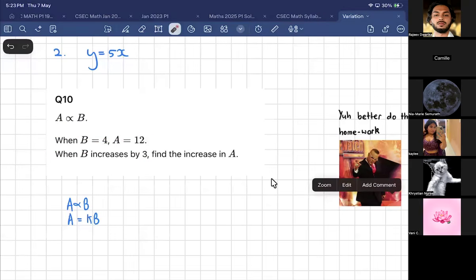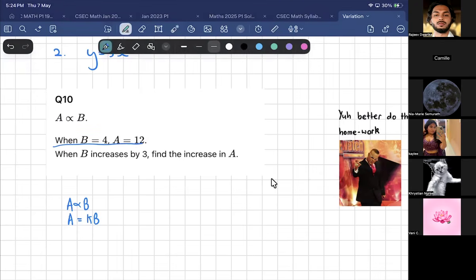Nia, did it tell us what a would be when b is a given number? Well, it said when b is 4, a is 12.